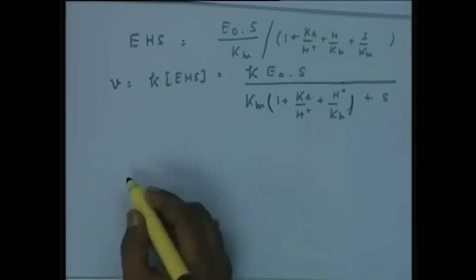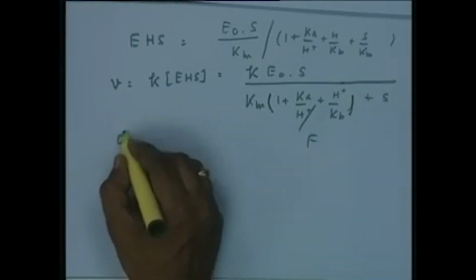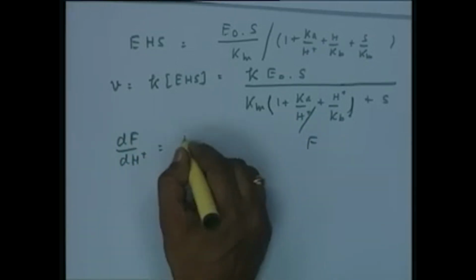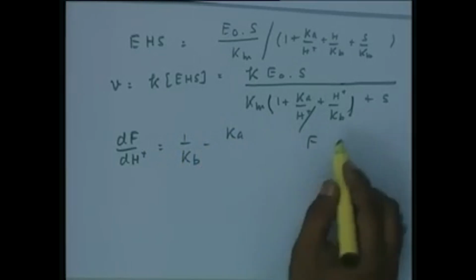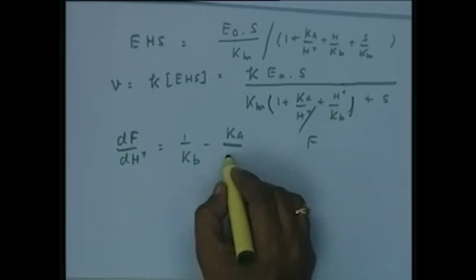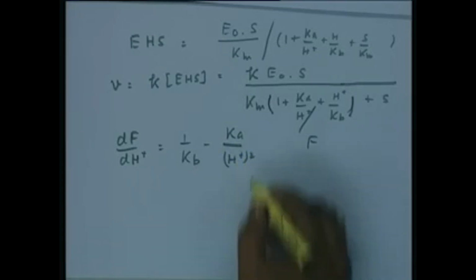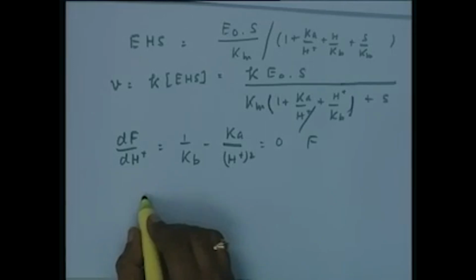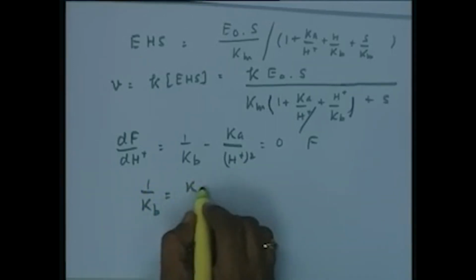And if you consider this function, let us say we denote this function as f, your df over dH will be equal to 1 upon Kb minus Ka upon H square. If you equate it to 0, you get 1 upon Kb is equal to Ka upon H square.